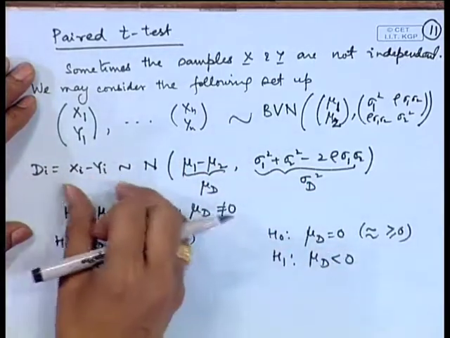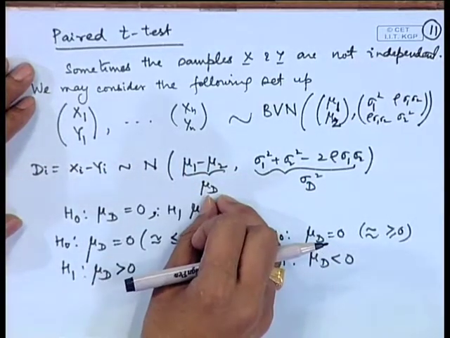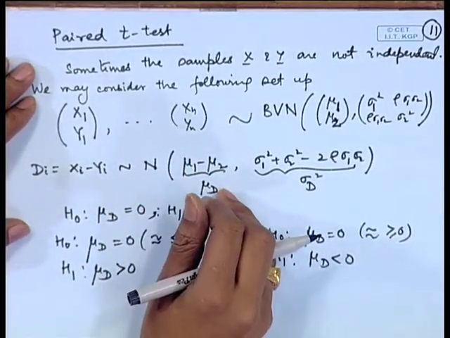Now, this model again reduces to the model which we considered for one population, that means testing for the mean of a normal distribution, and we know that there is a t test for that.